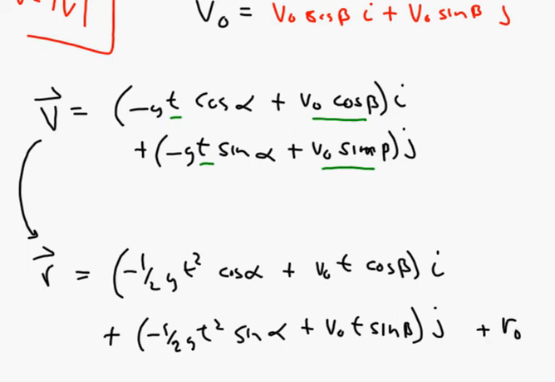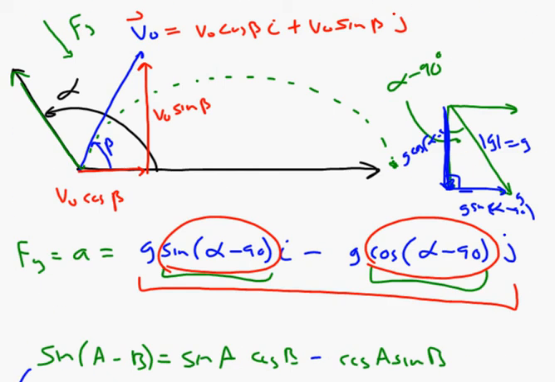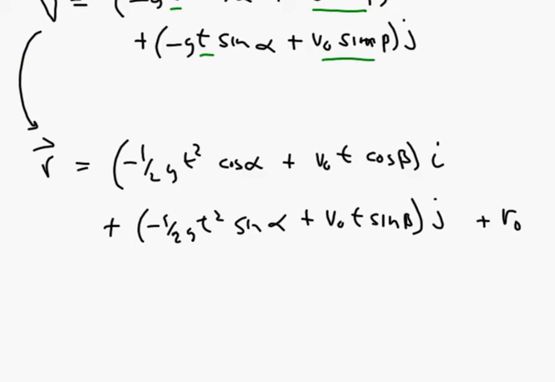Now, just like I did in the previous problem, I'm going to designate this corner to be 0, 0. So that makes our initial position the vector 0, 0. So we don't have to worry about that.